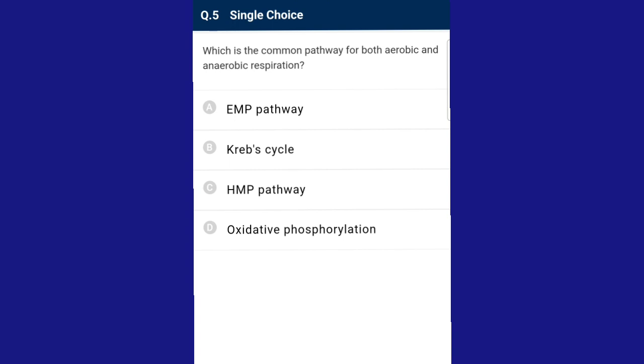In anaerobic respiration, it is the only process of respiration. Glycolysis occurs in the cytoplasm of cells and is present in all living organisms. In this process, glucose undergoes partial oxidation to form two molecules of pyruvic acid. So the answer for this question is option A. EMP pathway is a common pathway for both aerobic and anaerobic respiration.